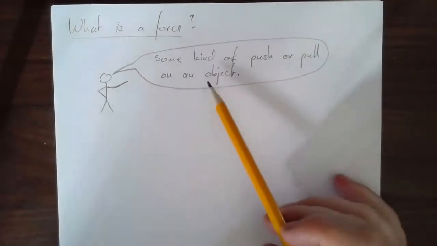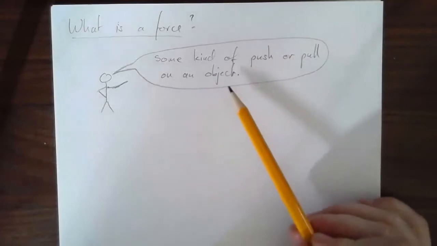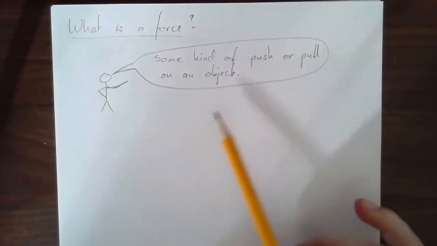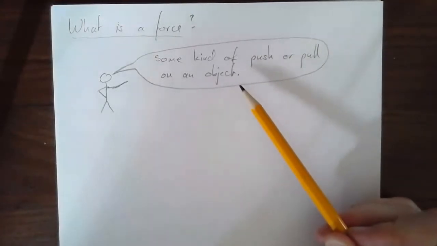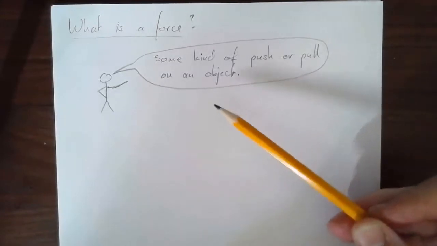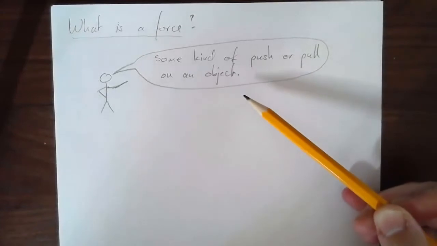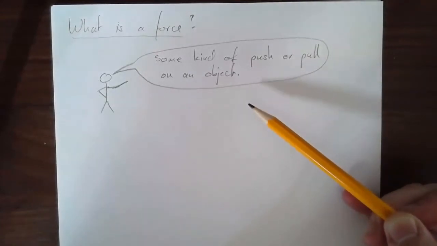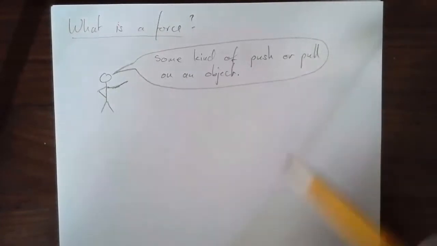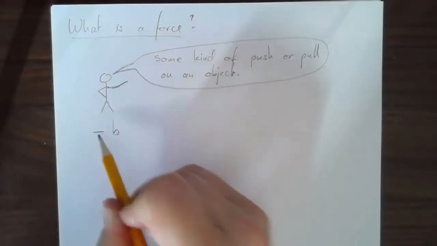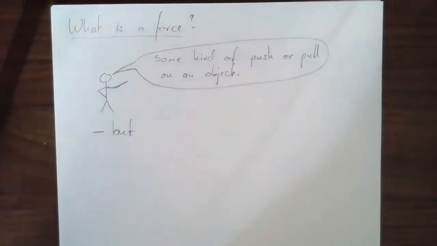When you think about some things that are being pushed or pulled around, try to think of something that's getting pushed. Well, there is necessarily something else there that is doing the pushing or the pulling, right? So, let's write this down.